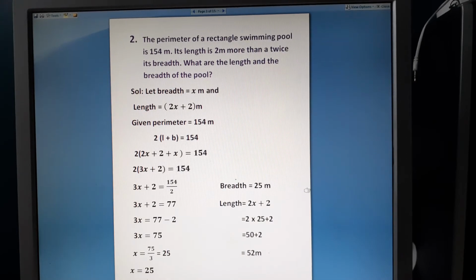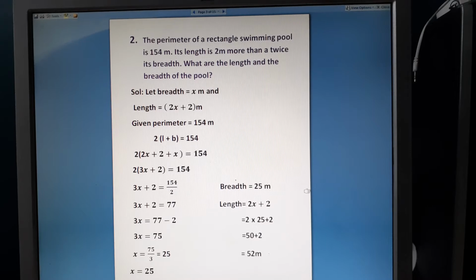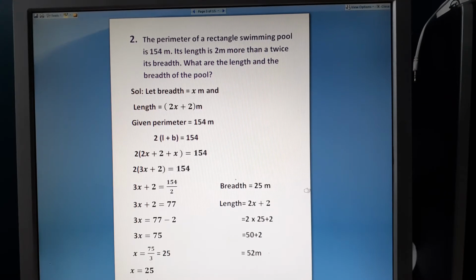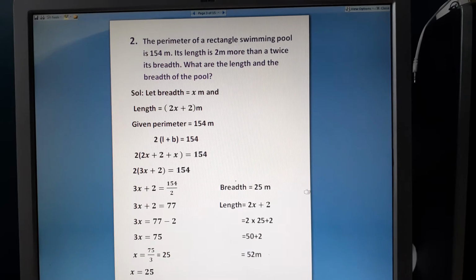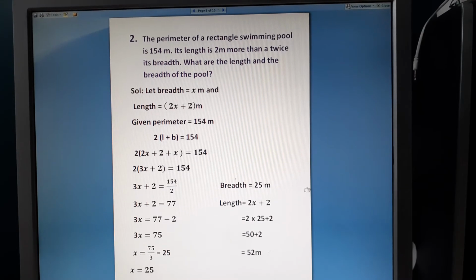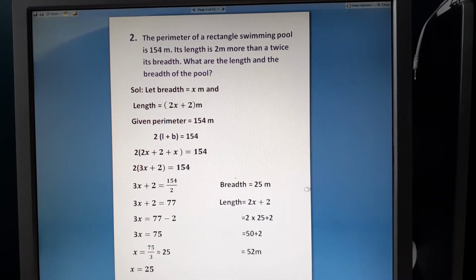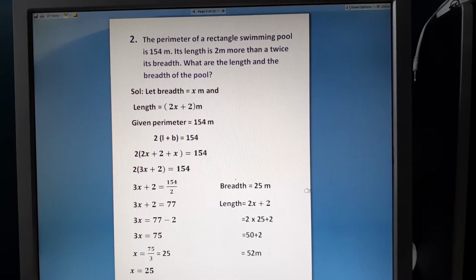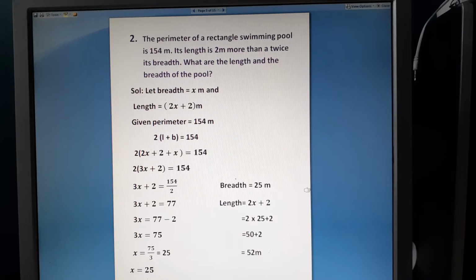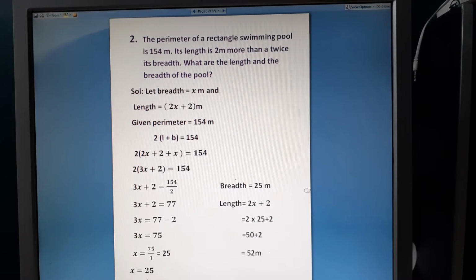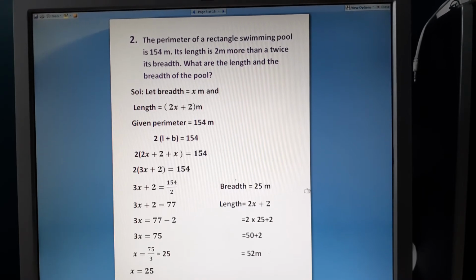Second problem. The perimeter of a rectangular swimming pool is 154 meter. Its length is 2 meter more than twice its breadth. See this point. What are the length and the breadth of the swimming pool?